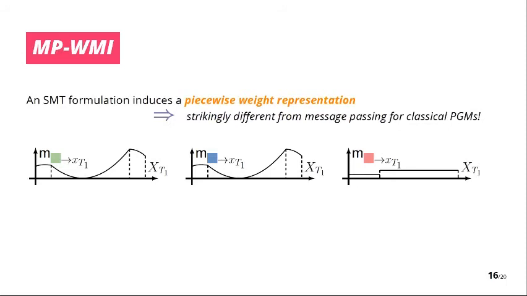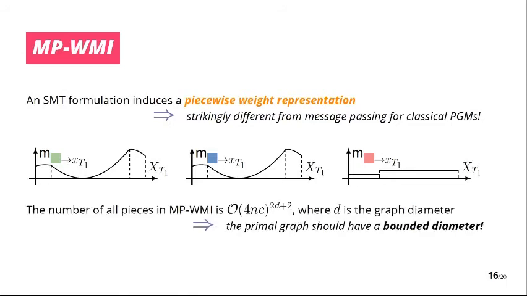In classical PGMs, the bounded treewidth is enough to guarantee tractability, while here, our complexity analysis shows that the number of pieces in the message could potentially grow exponentially along the diameter, even for a tree graph problem. And therefore, to guarantee tractability, we need to not only bound the treewidth, but also bound the diameter of the graph.